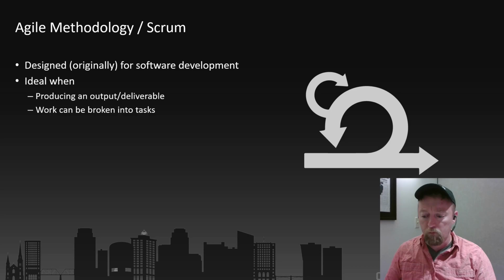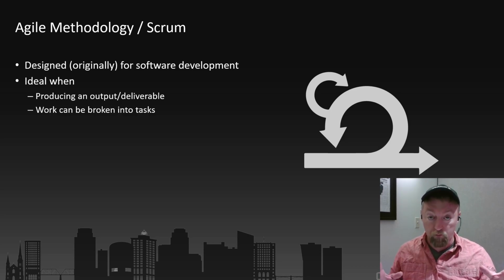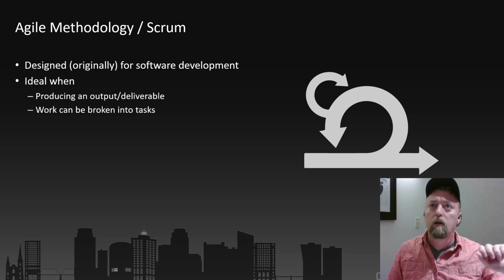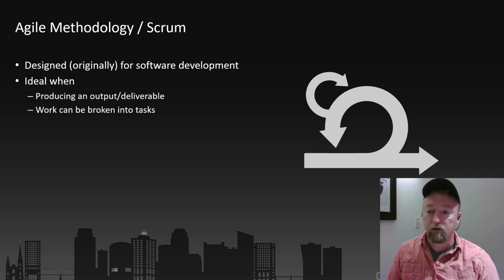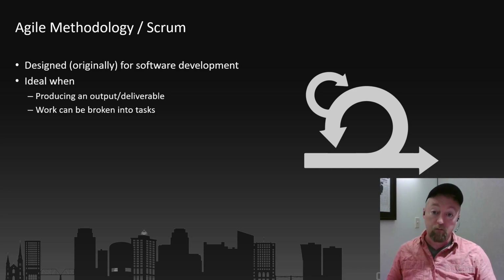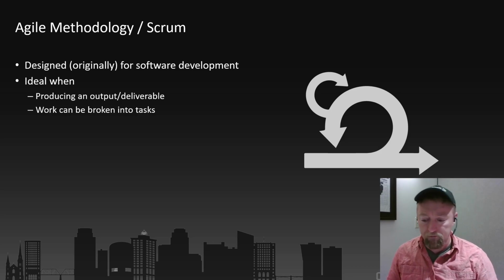It also works best for a body of work that can be broken down into a series of small tasks. The smaller the better. Sorry. This will become more obvious later, but having that kind of granular description of all the work that needs to be done is important to doing agile stuff.